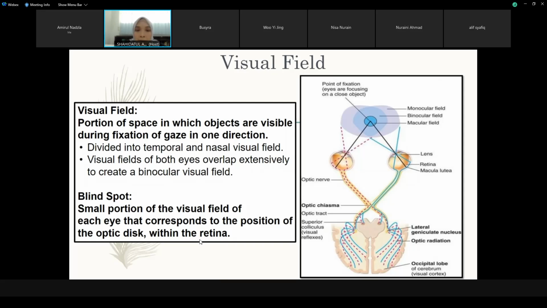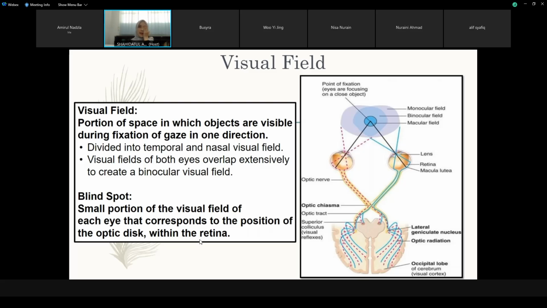When you close one eye, the whole view is the monocular field, monocular view. When you open two eyes, the overlapping is the binocular field. Actually this picture focusing on the center is not very accurate, but you can try on your own.